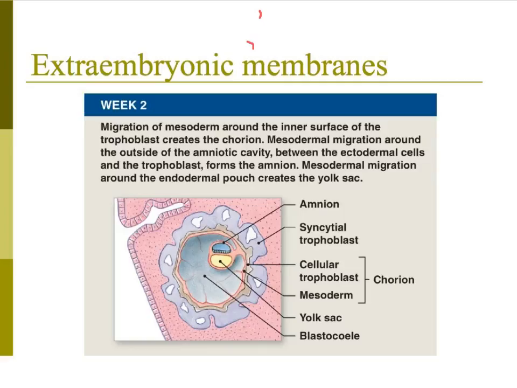So before the chorion really gets established, before the placenta gets formed, it still needs to be able to provide some nutrients for this growing embryo, and so the yolk sac does that. The yolk sac will also eventually become a part of the umbilical cord, and then eventually it disintegrates. It doesn't hang around for the entire 40 weeks of pregnancy.